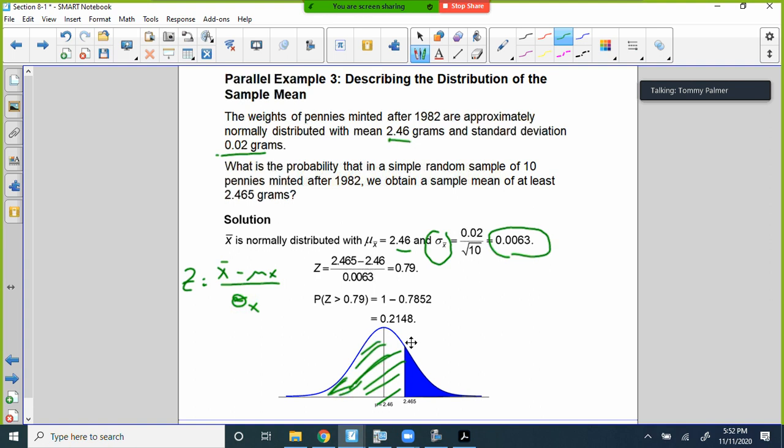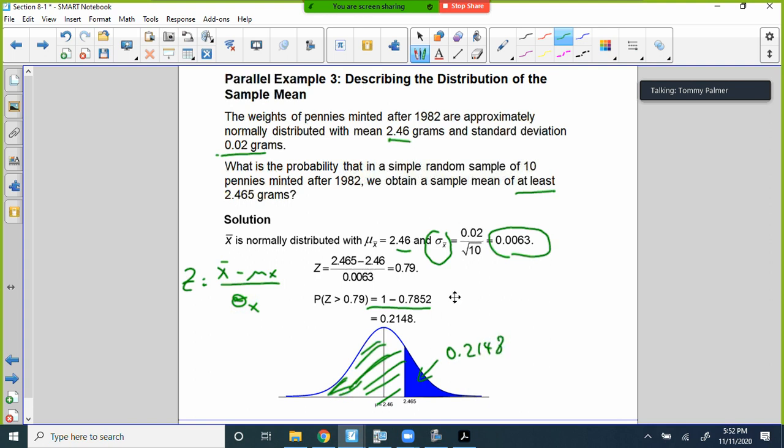That's going to give us 0.7852 if we look it up on the table. But we take 1 minus that, because it says at least 2.465, so we need what's above it. That comes out to be 0.2148.